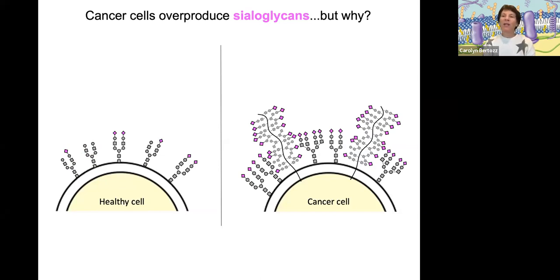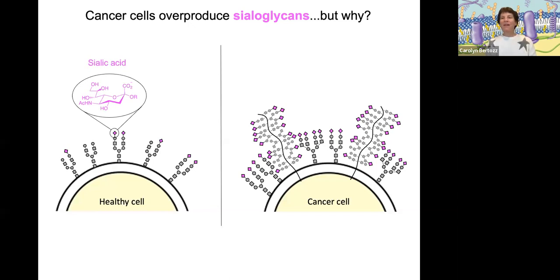One of the most prominent glycophenotypes, as we refer to them, is the observation of increased density or overproduction of glycans on cell surface proteins and lipids that terminate with a particular monosaccharide called sialic acid. So we call this class of glycans the sialoglycans.